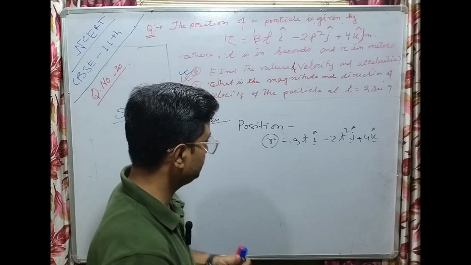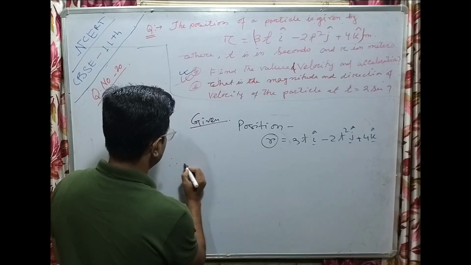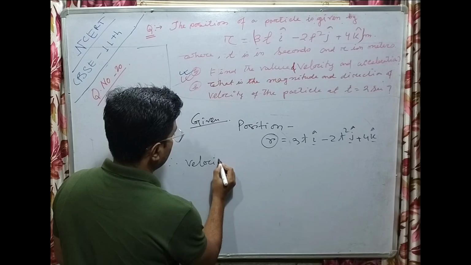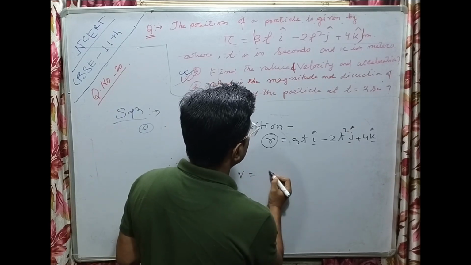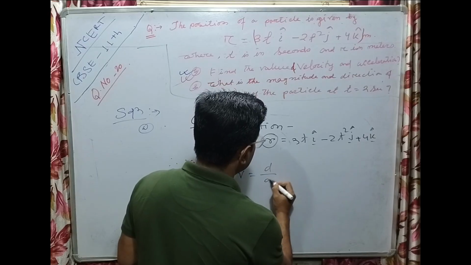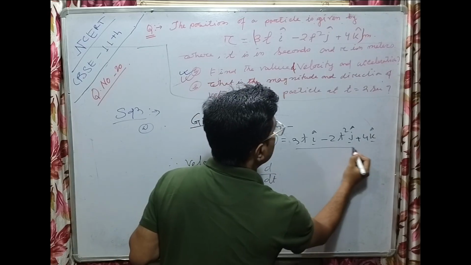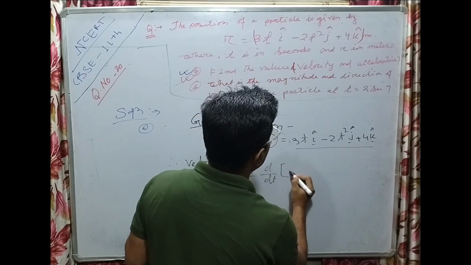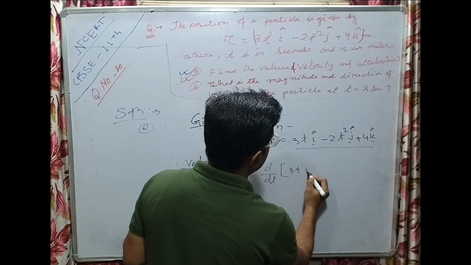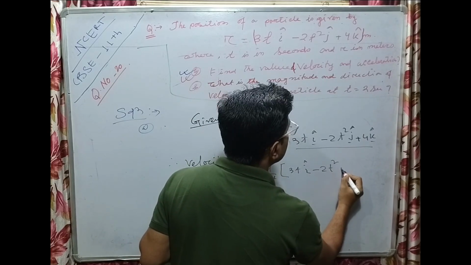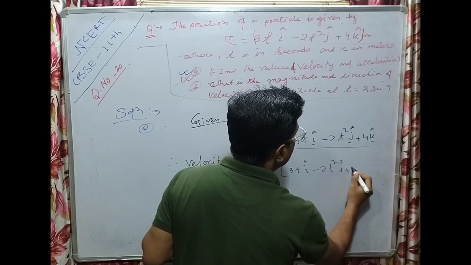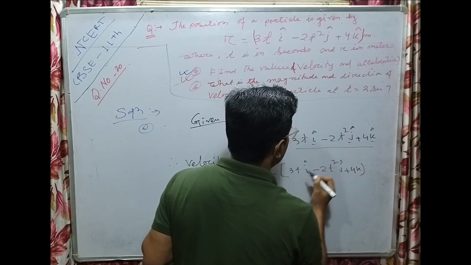Okay. Now velocity v is equal to the differentiation of this term: 3t i cap minus 2t square j cap plus 4 k cap.